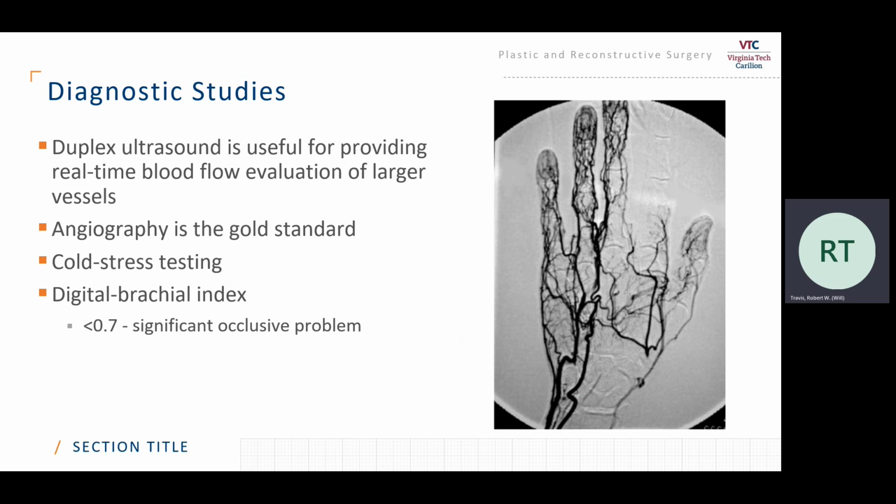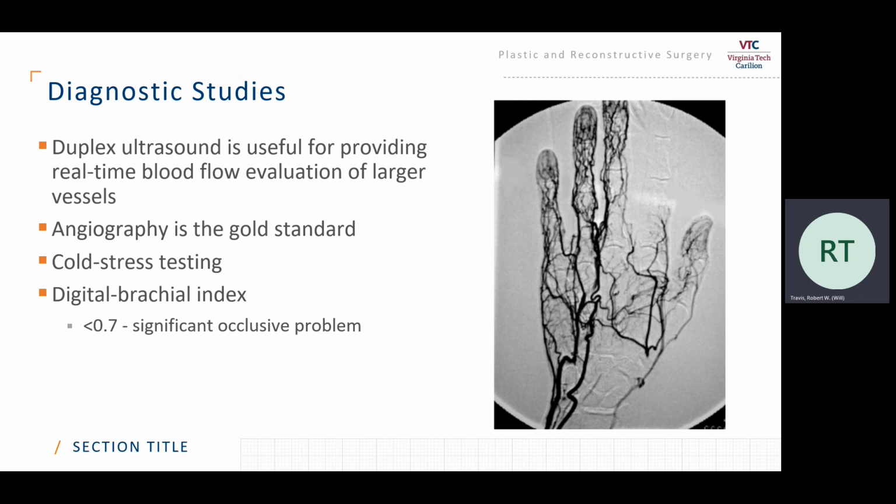So as far as imaging for these patients, ultrasound can be useful because it provides real-time blood flow evaluation of larger vessels. Angiography is the gold standard for vascular imaging. Either a CTA or MRA is acceptable. Angiography also permits concomitant interventional procedures, such as thrombolytic delivery or thrombolysis.